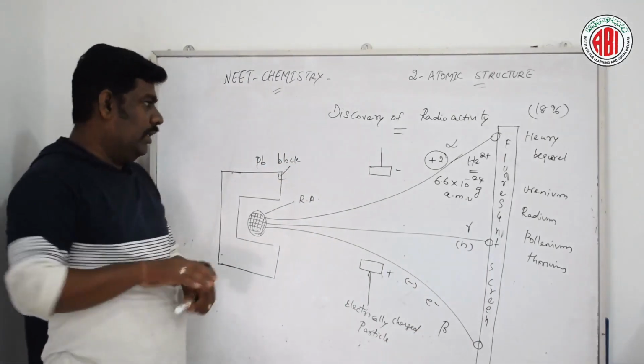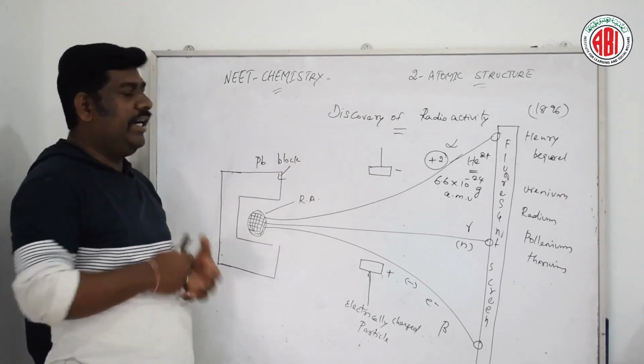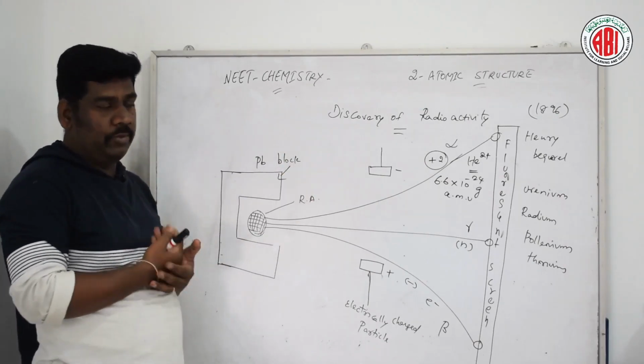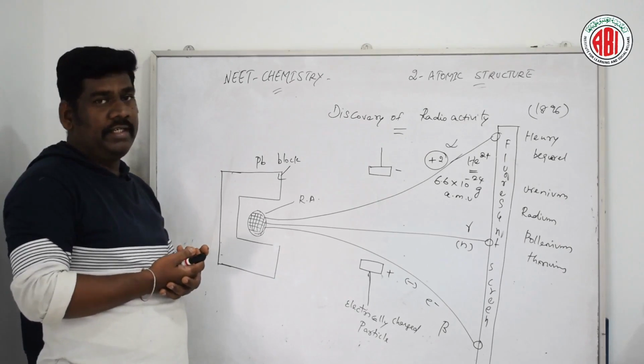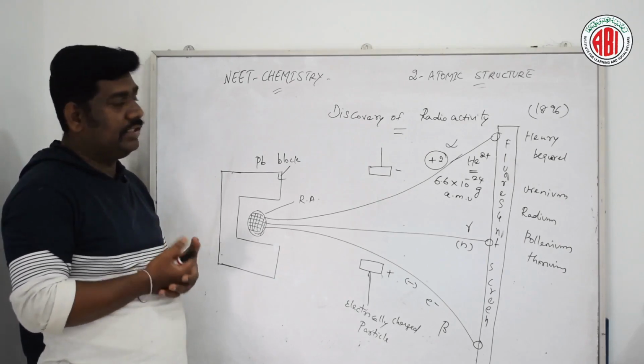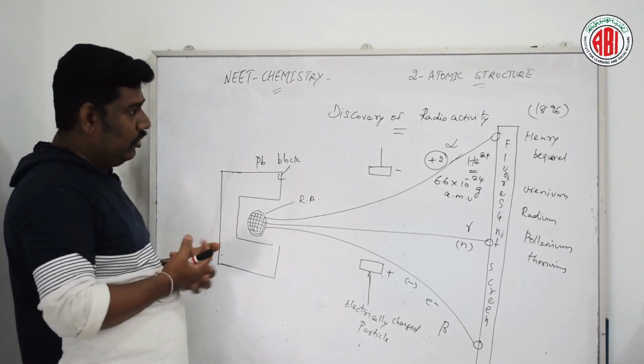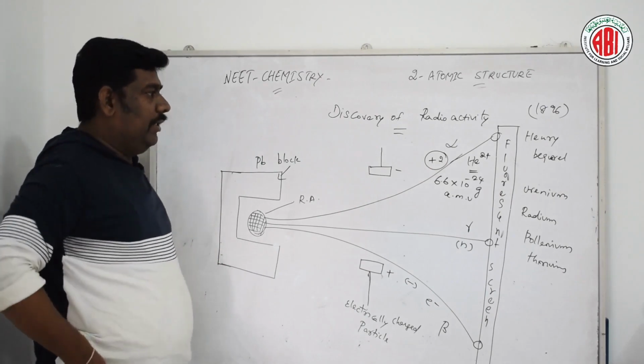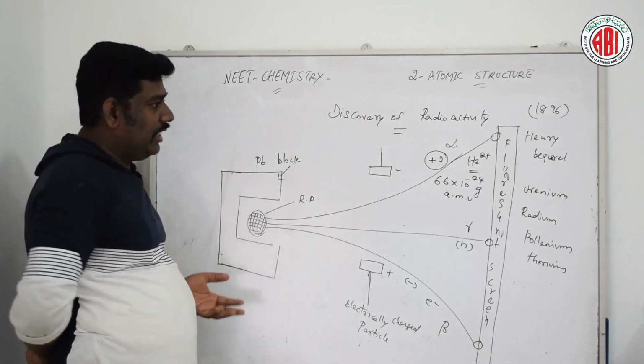Now these radioactive substances can emit radiations of different wavelengths. How is that possible? By performing this experiment.